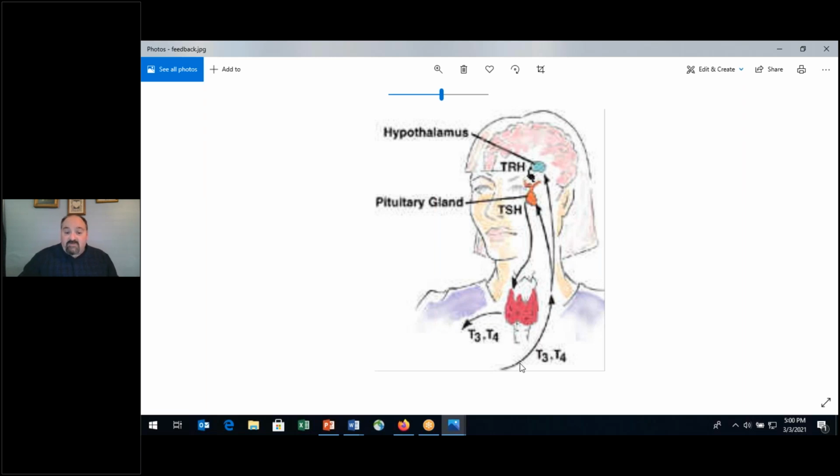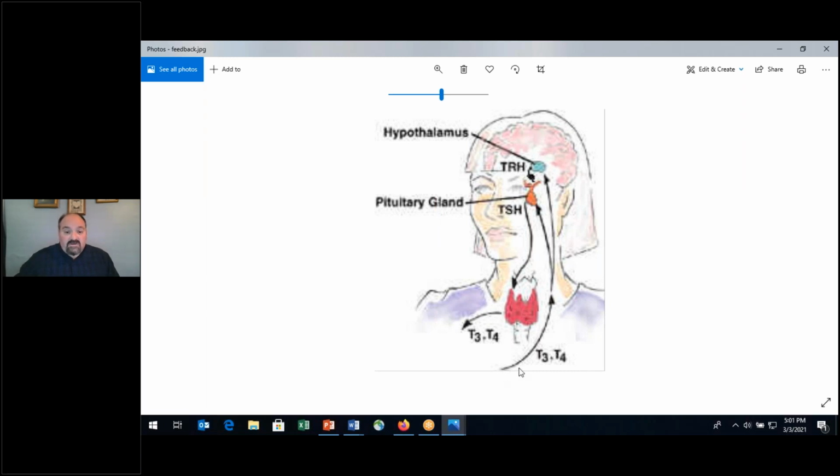When there's enough, as far as the percentages that are correct for how much should be flowing in the cardiovascular system, this will be sent back to the hypothalamus and then the pituitary gland in order to regulate how much of their hormones they're producing and releasing to send to the thyroid gland, stimulating the synthesis of T3 and T4, okay?